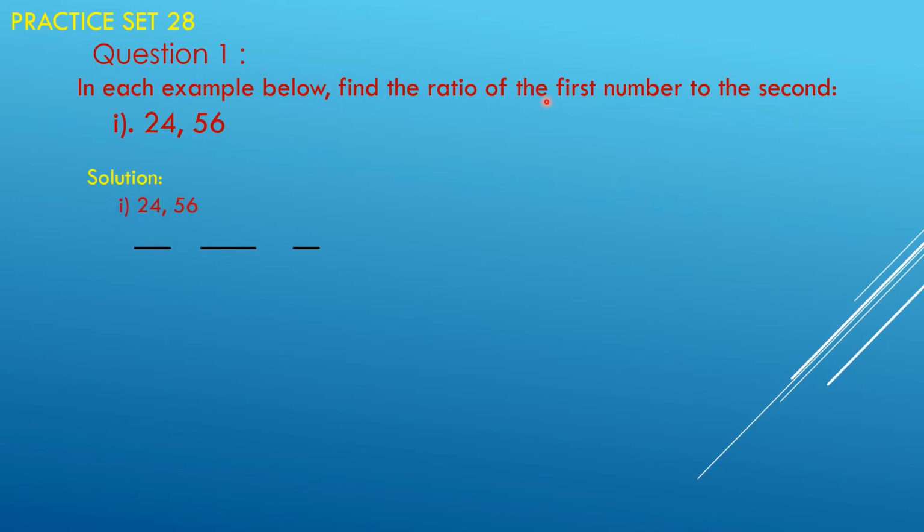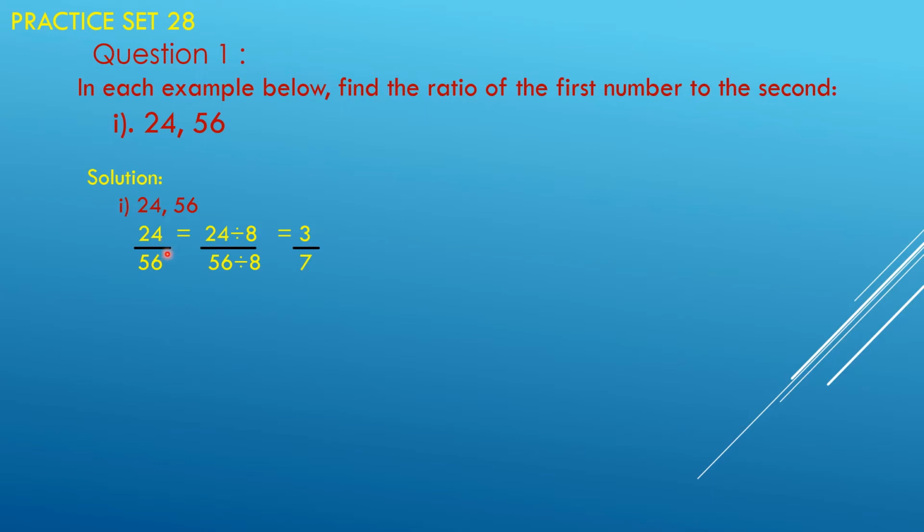You already know ratio is the comparison of two or more numbers by division. Therefore, it is equal to 24 upon 56, and we have to write this fraction in a simple form. Then how to write this fraction in a simple form?